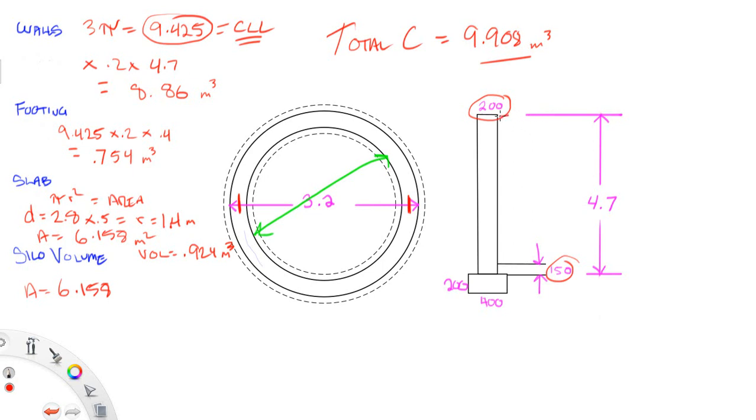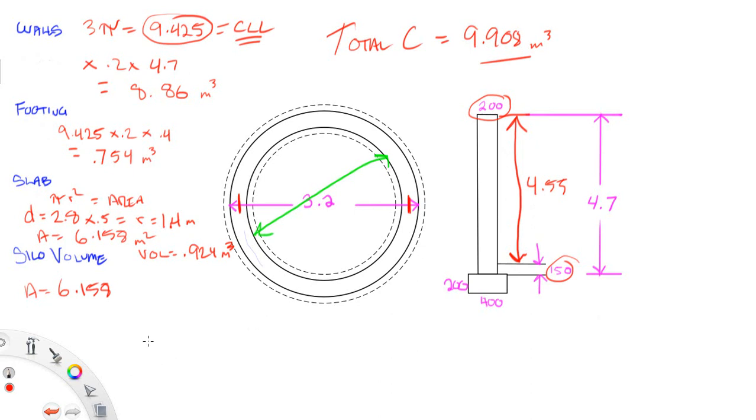The depth will be from the top of our wall all the way down to the top of our slab. So we take the wall height of 4.7 and subtract off the thickness of the slab, 0.15, so we have 4.55 for our inside silo height.